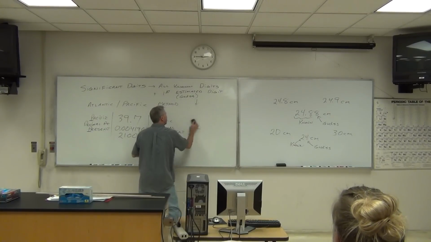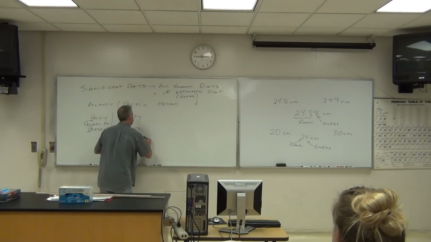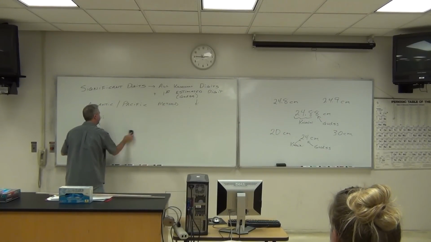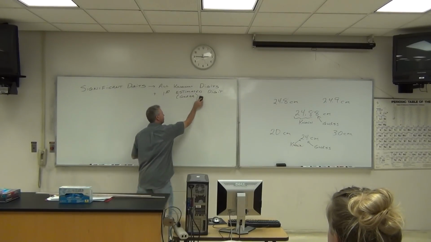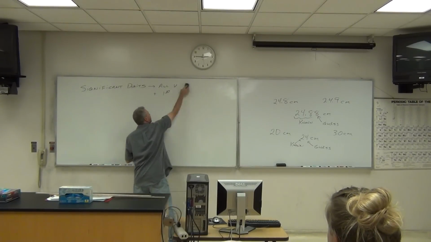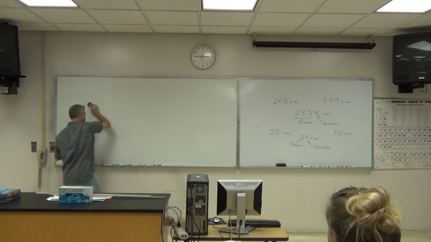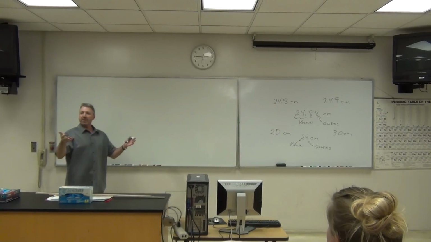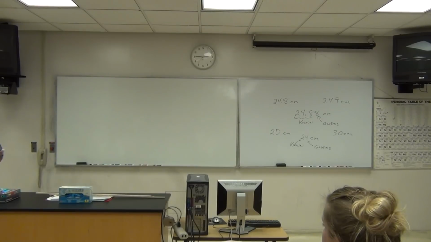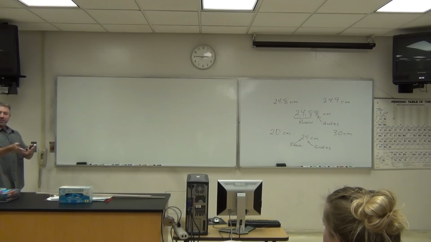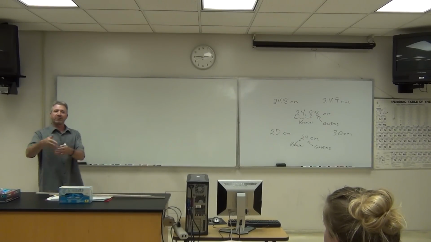So why are we doing all this? What's the value? Well, we're going to have to do some type of mathematical manipulation in here. When we do our experiments and we take our exams and we do our calculations, there's a reason why. There's an end result. There's an answer.